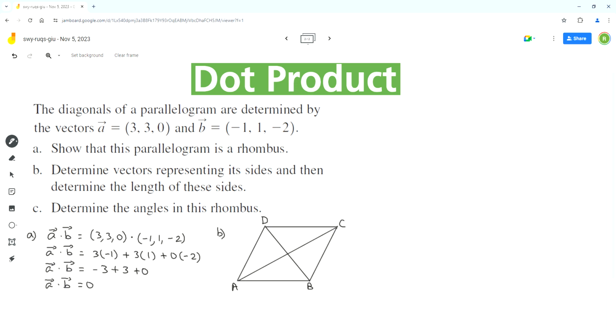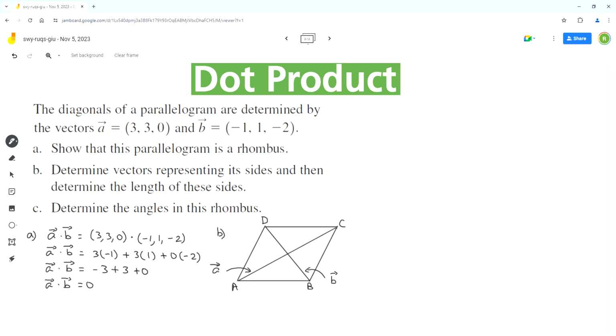Since the magnitude of A is greater, vector A represents the longer diagonal, and the shorter diagonal is vector B. This is a very important concept we need to understand and memorize about identifying diagonals from given vectors.